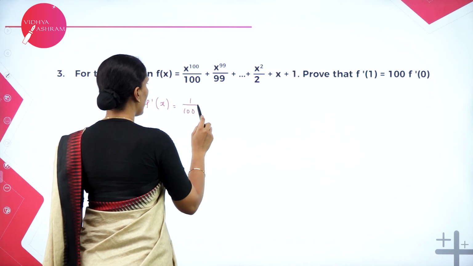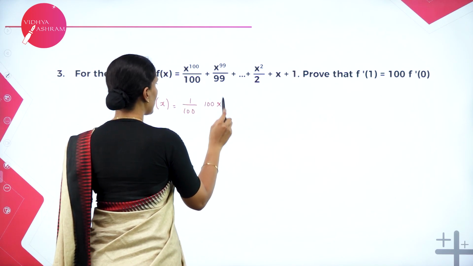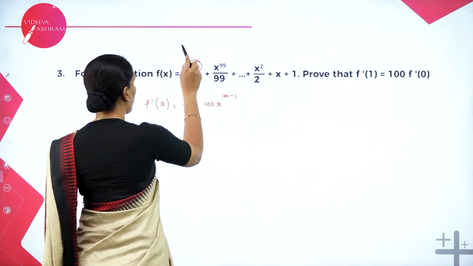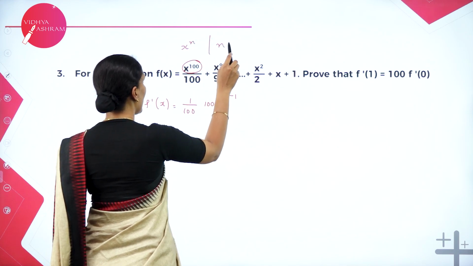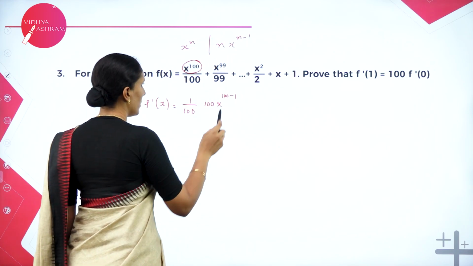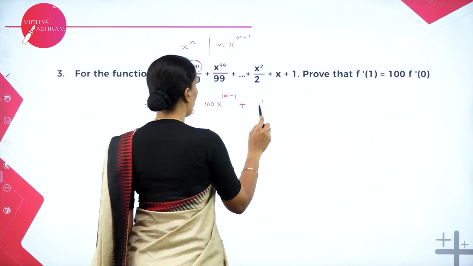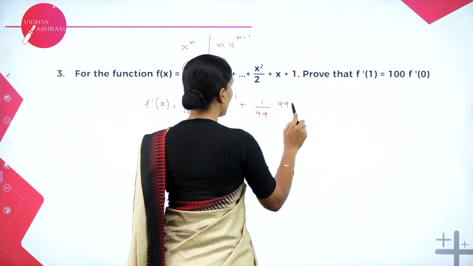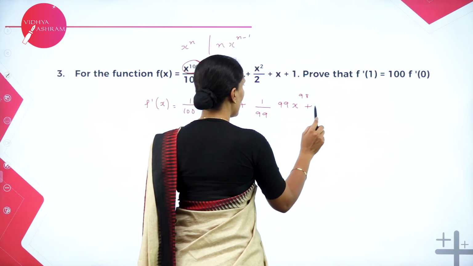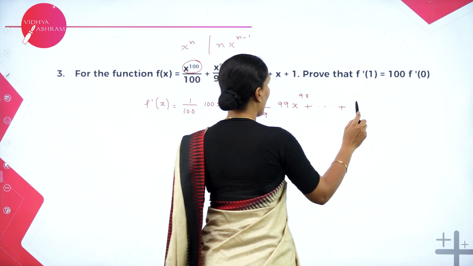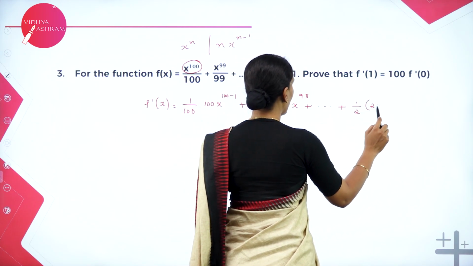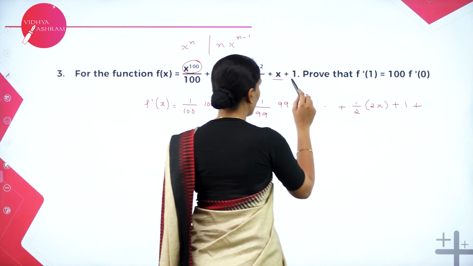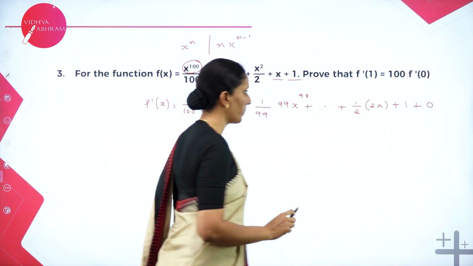And derivative of x to the power 100 is 100 into x to the power 100 minus 1. Because whatever may be the power of x, the derivative is always n into x to the power n minus 1. So looking at this, we can keep 1 by 99 as it is. X to the power 99 can be written as 99 x to the power 98 plus etc. And finally, we have 1 by 2 into 2x plus derivative of x is 1 plus derivative of 1 is 0.